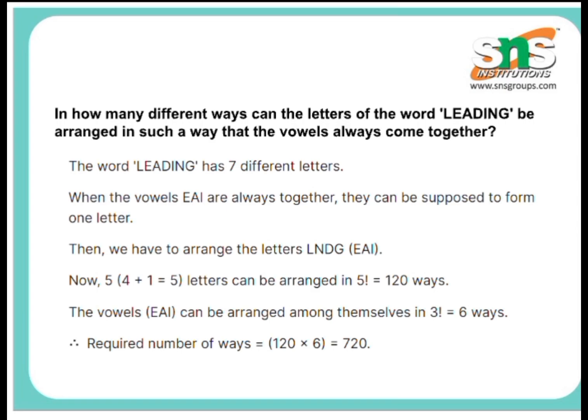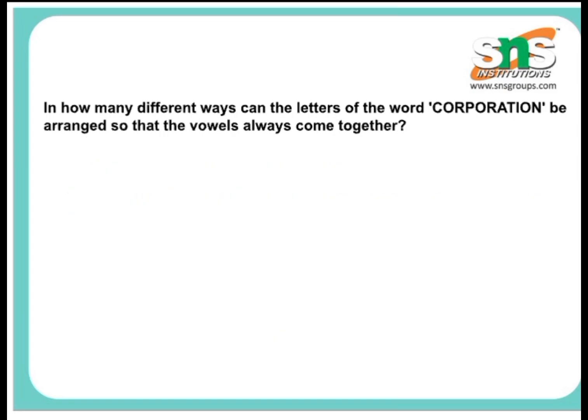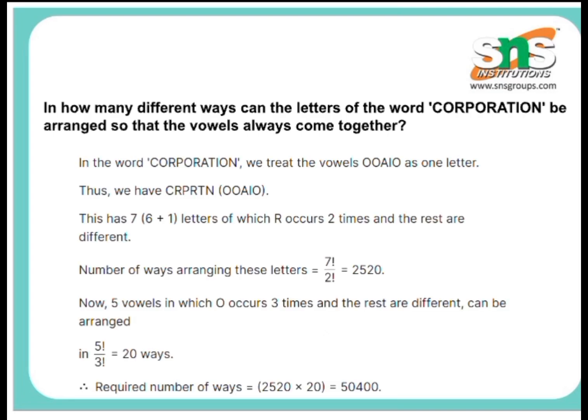You may wonder how this will be applied with the previous problem. I will explain that with the next problem. How many different ways can the letters of CORPORATION be arranged so that the vowels always come together? Now, in the word CORPORATION, we treat the vowels O, O, A, I, O as one letter, and the consonants C, R, P, R, T, N as the rest.